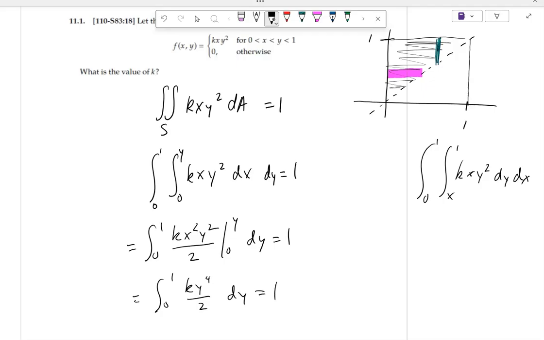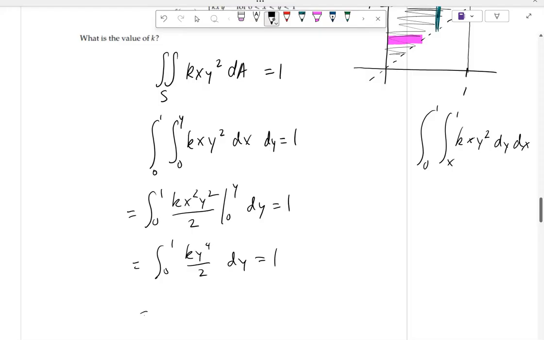When I plug in y for x, I get y to the 4th on top times k over 2. So then we get ky to the 5th over 10, evaluated from 0 to 1. So what does the k have to be when you're done? It better be 10, yeah.